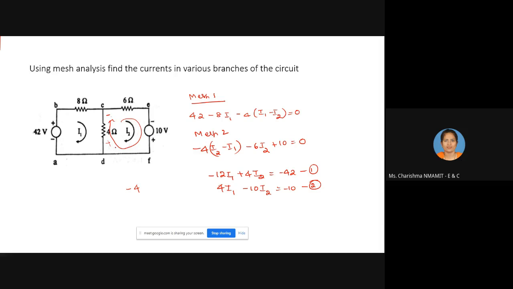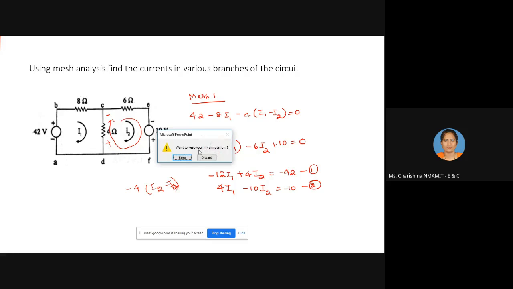Which current is flowing according to this polarity? It is I2, whereas I1 is flowing in the opposite direction. So it is minus 4 (I2 minus I1).